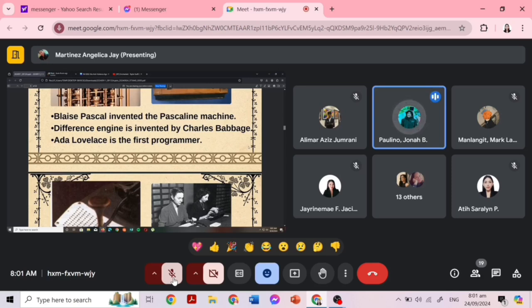So she was called the first computer programmer because she helped revolutionize the trajectory of the computer industry, and she also recognized that computers had a much larger potential than mathematical calculation. Next please.